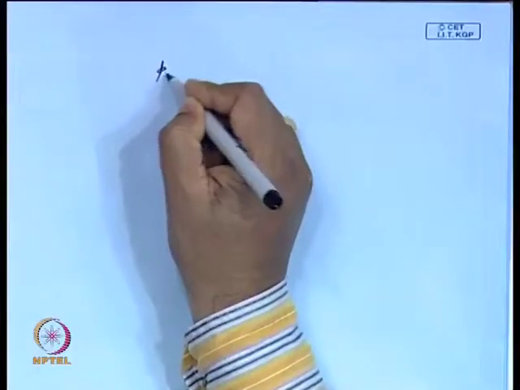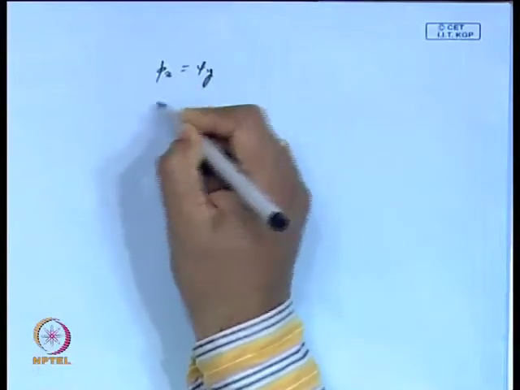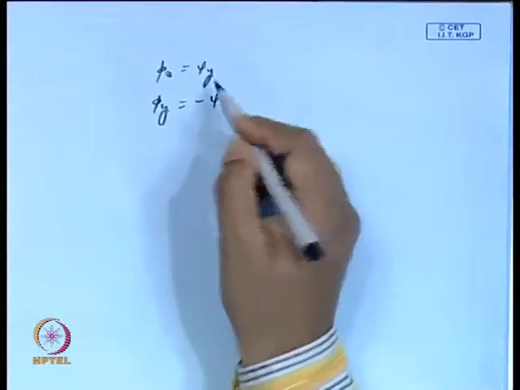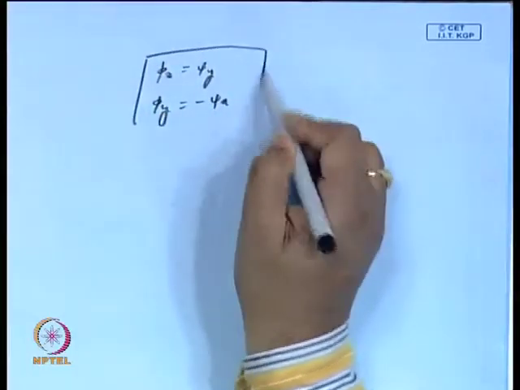Then, knowing very well about the velocity potential and the stream function, we moved to discuss the relation between them. That gave us the Cauchy-Riemann equations, which are phi x is equal to psi y, and phi y is equal to minus psi x.